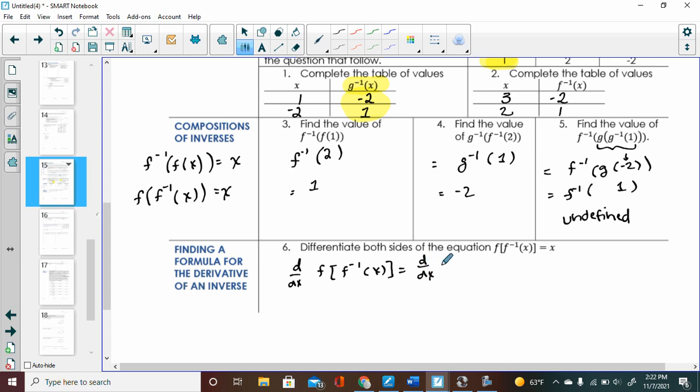You have to take the derivative of both sides, guys. So the derivative here is just going to be 1. And of course, if we're using the chain rule here, this is going to be f prime of the inverse of this function.